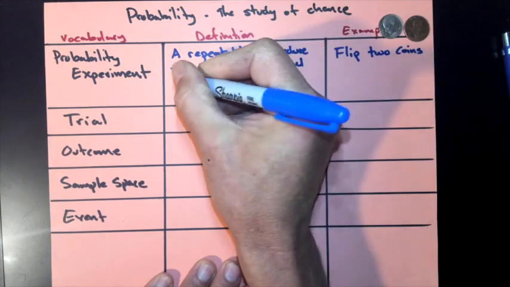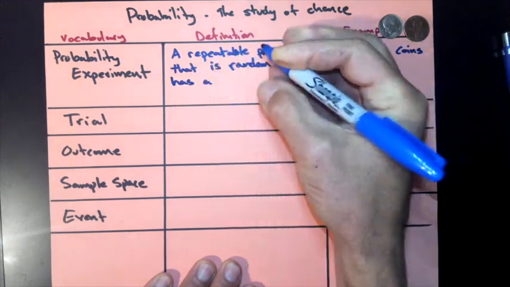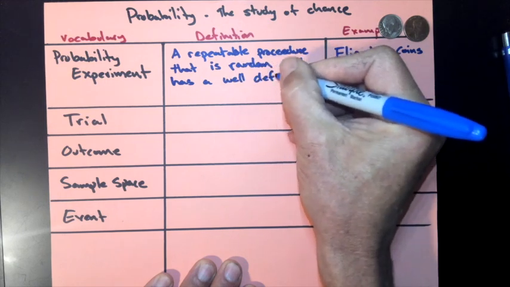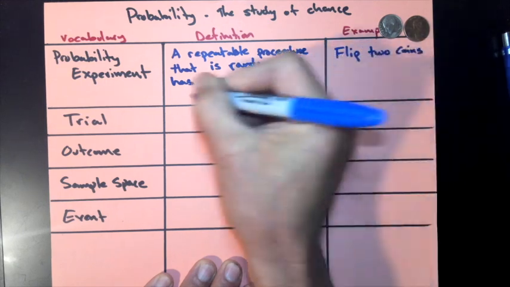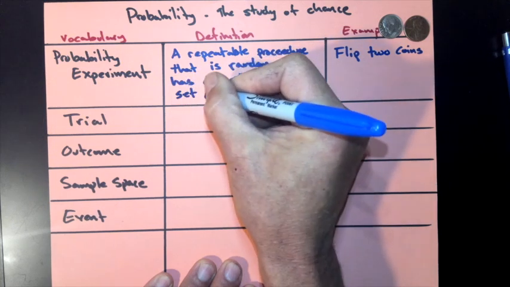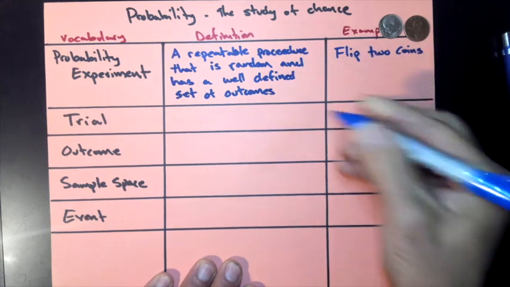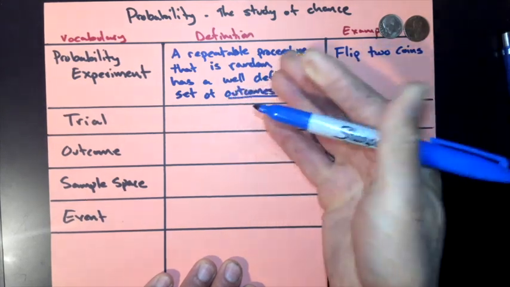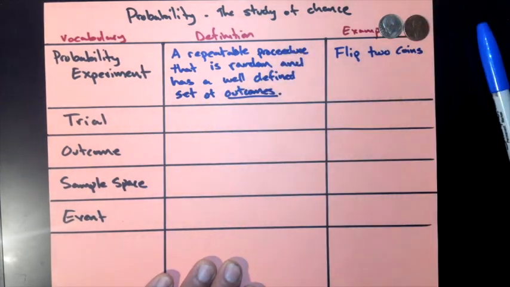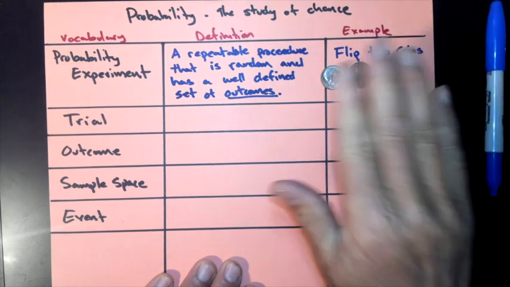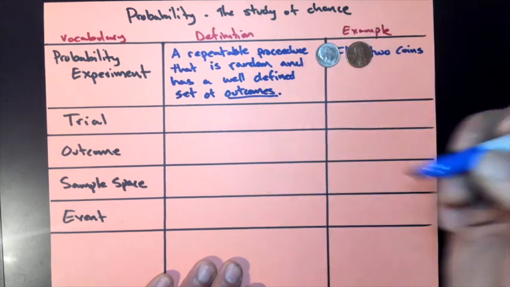and has a well-defined set of outcomes. Okay, well, outcome is one of our words. We're going to define that, but that's basically a result. In this case, I got two heads, so that's one of my outcomes.